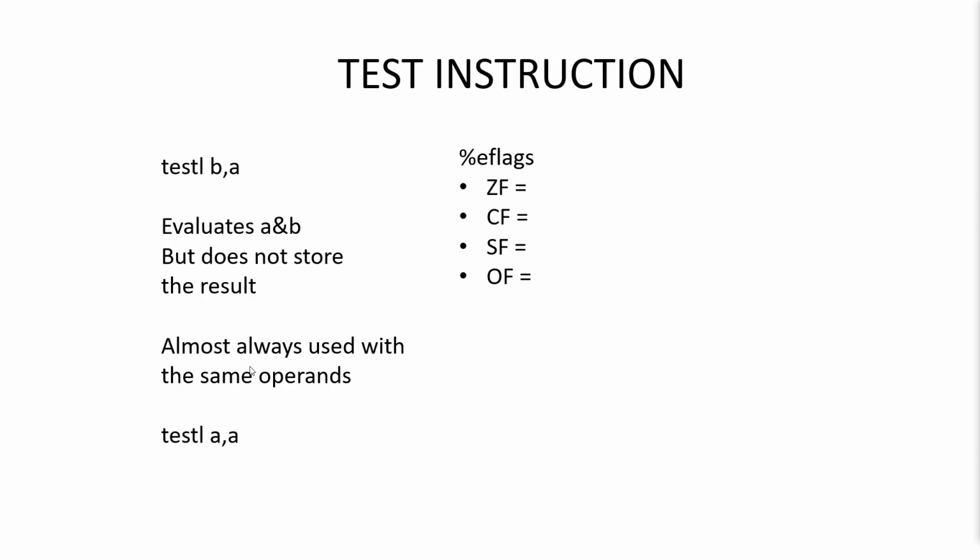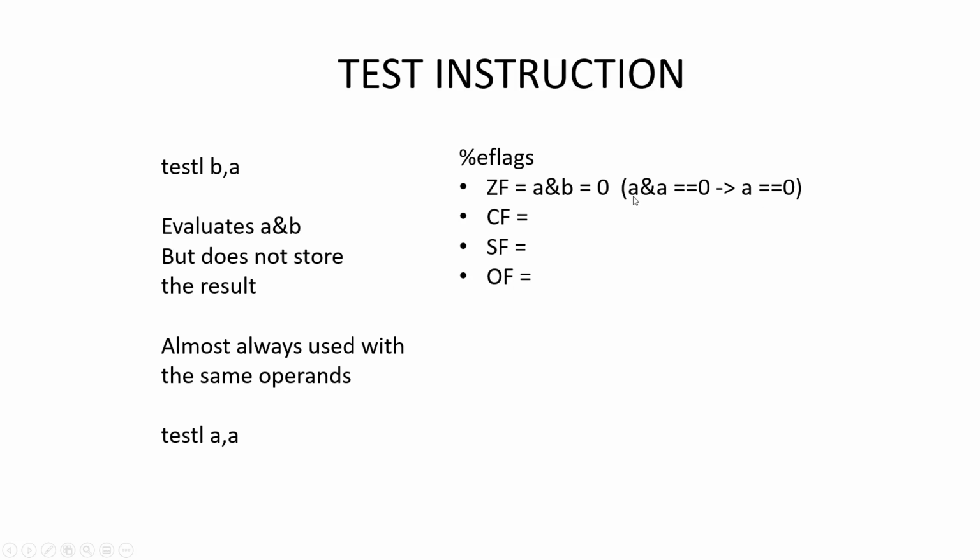This is almost always used with the same operands, so it's going to be test L A comma A, and this is going to set just two of the flags, the 0 flag and the sign flag. So if we take a look at the 0 flag, if I do A and B, this will tell me that every single bit is either 0 or they're different. One could be 1, the other could be 0, but they can't both be 1. So this isn't super useful in a lot of cases.